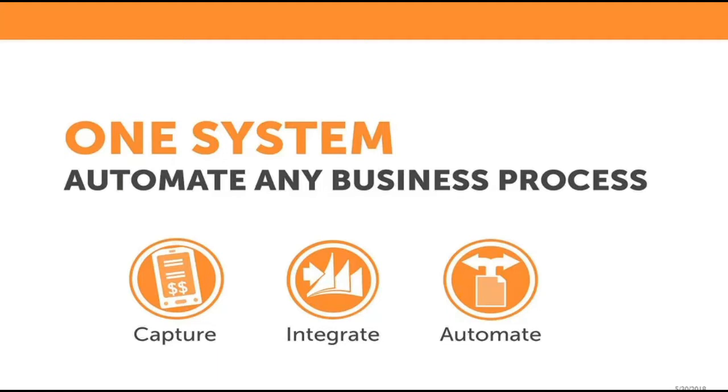We integrate very deeply with GP and other ERP systems, but specifically today we're going to focus on GP. And then we enable you to automate and route documents around for approval, whether that's an invoice, an expense report, a time off request, a contract, a marketing project, a sales order, you name it, it can be automated using QuickTag. So what does that look like?